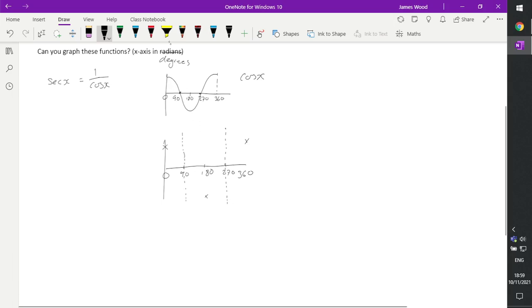Now, in terms of the general shape, between 0 and 90, cos gets smaller and smaller. So if we're doing 1 over something that gets smaller and smaller, it's actually going to get bigger. So it starts here and it gets bigger towards this asymptote like this. Here, between 90 and 180, it starts small and gets more negative.